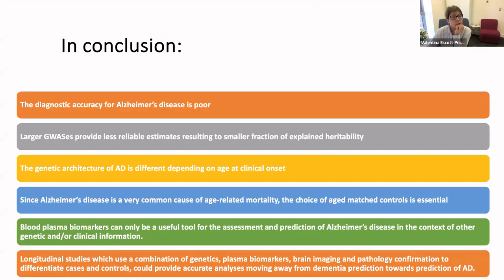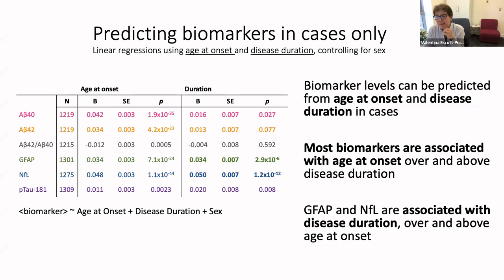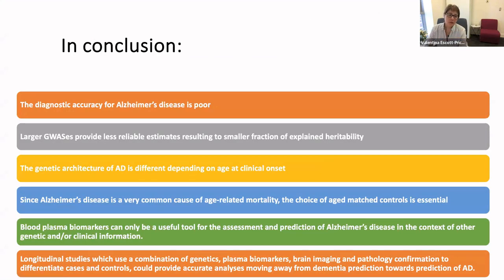Okay, so I wanted to say a bit more here. What I wanted to convince you about is that biomarker behavior and genetics, polygenic risk score behavior, depend on age. And diagnostic accuracy for Alzheimer's disease is still not perfect.